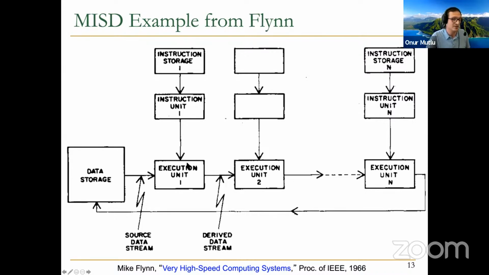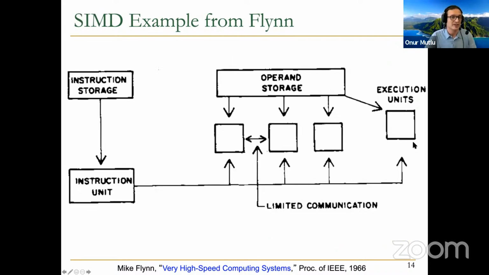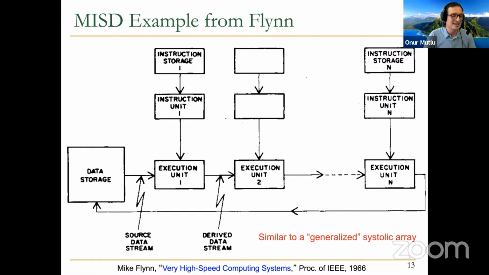And you keep doing that. So this part is very much like a systolic array, but it's a more generalized systolic array because you can do arbitrary programs potentially on these execution units, right? So it's more like a streaming processor, like we discussed last time, or pipeline parallel execution, as we discussed also.